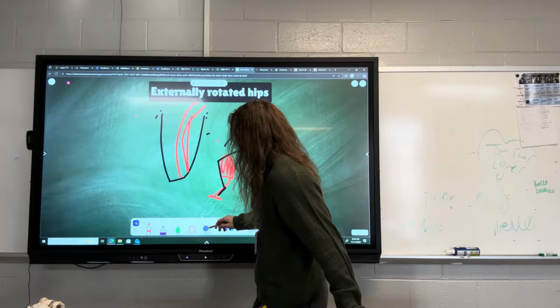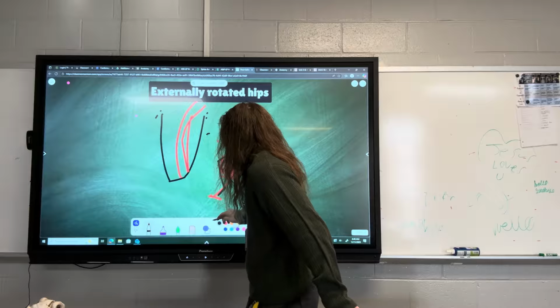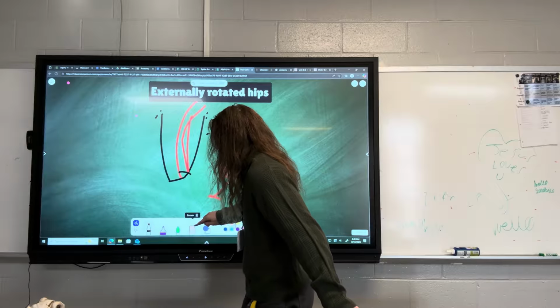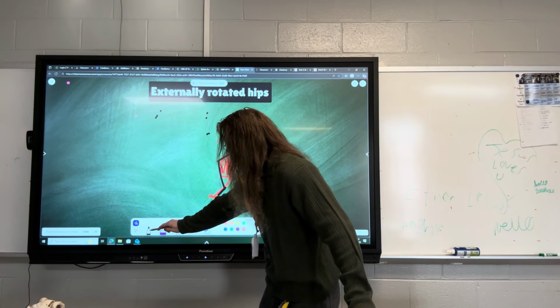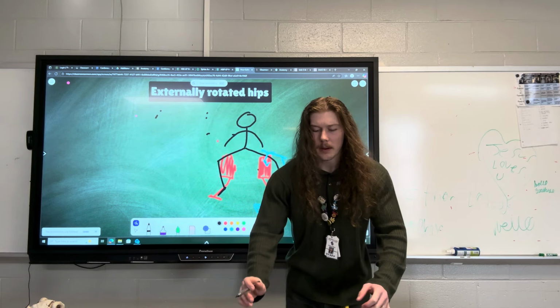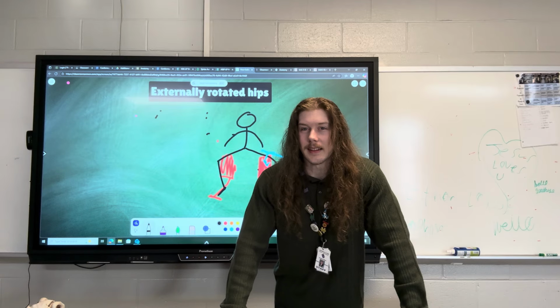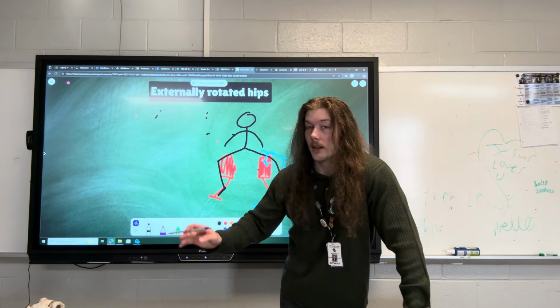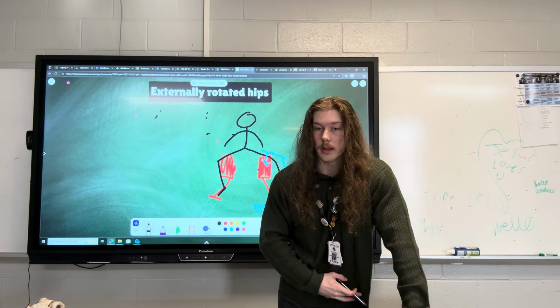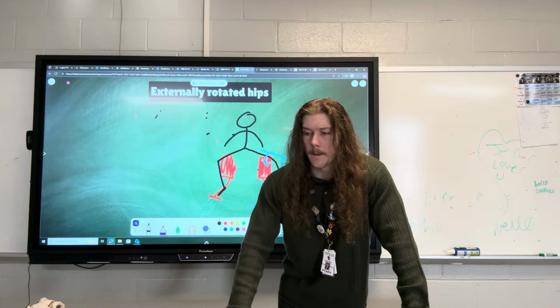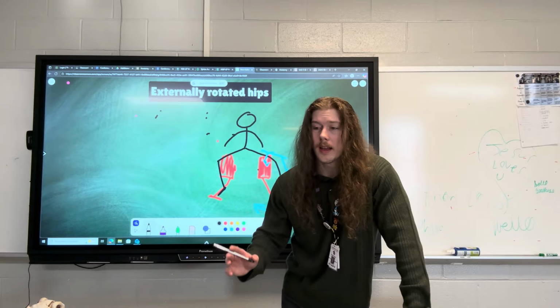This is terrible, but you get the idea. I usually draw legs way better than that. You'll get to see that another time. But tweaking my sartorius is what I would do on this machine, and I could feel it because it would run right up into the part of the hip where it ties in. So you have to be very careful on this machine.